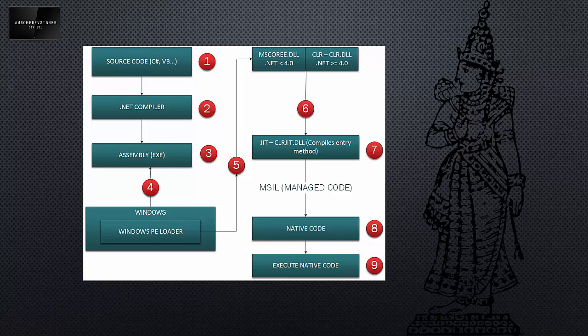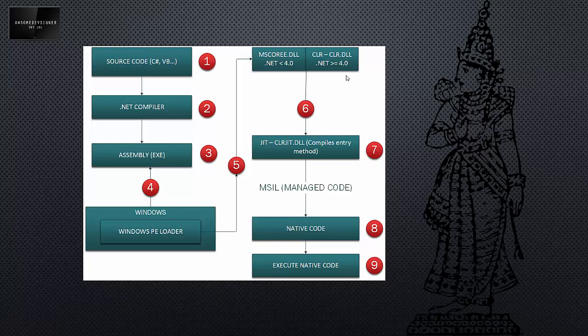This method can be found in MSCorEE.dll or in a file called clr.dll. This depends on the version of .NET. If you have a version of .NET greater than 4.0, it will be found in clr.dll, and if you have a version smaller than 4.0, it will be found in MSCorEE.dll.